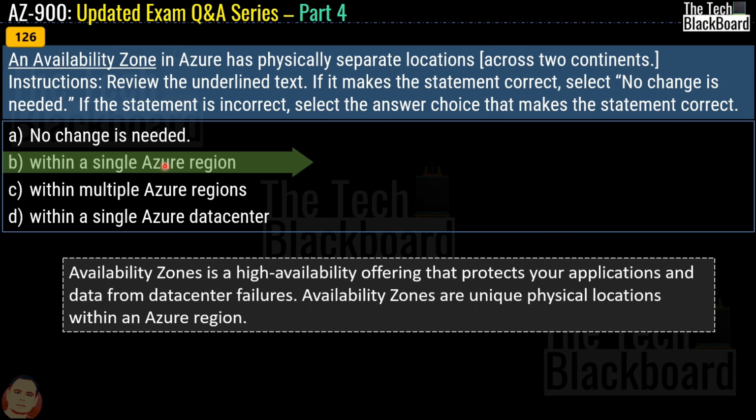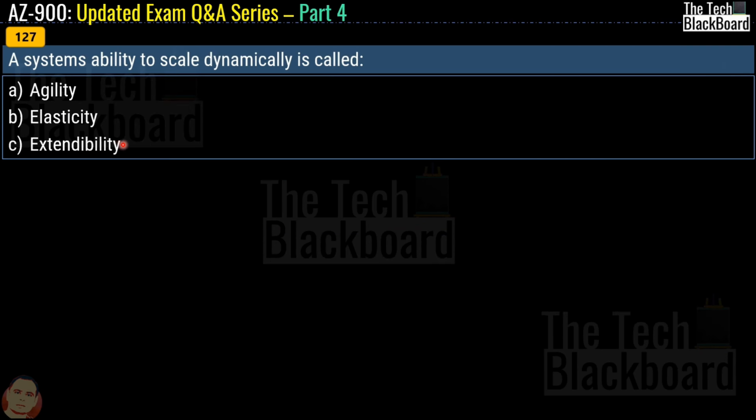Now let's move to question number 127 that says a system ability to scale dynamically is called, and the options given are agility, elasticity, or extendability. The correct answer is elasticity. Now let me tell you what exactly it means whenever we say that this system is elastic.